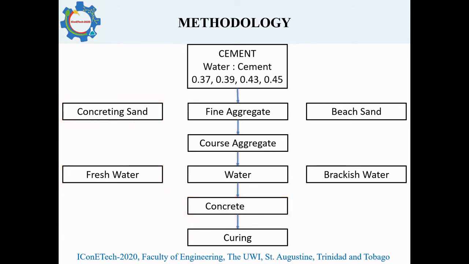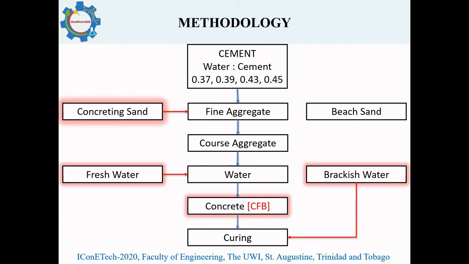Other variations used were concreting sand as the fine aggregate, fresh water as the mixed water, and brackish water as the curing water. We also used beach sand as the fine aggregate, fresh water as the mixed water, and brackish water as the curing water.